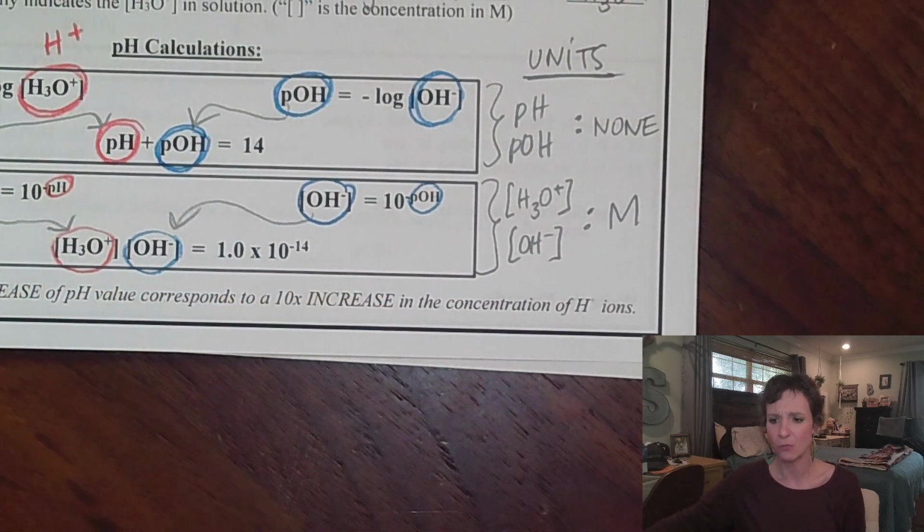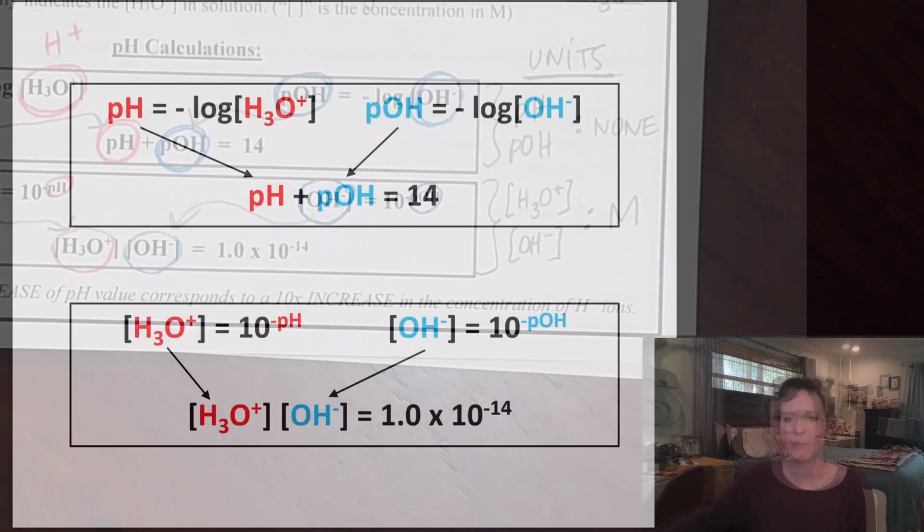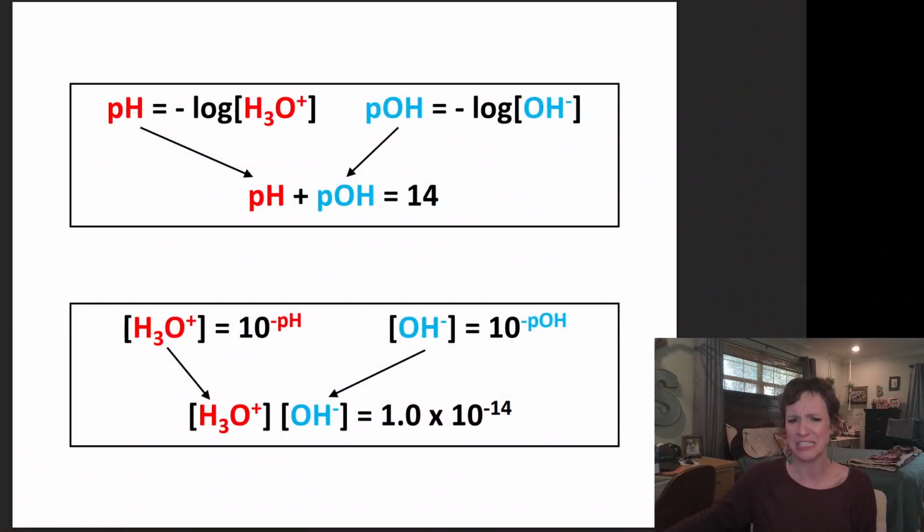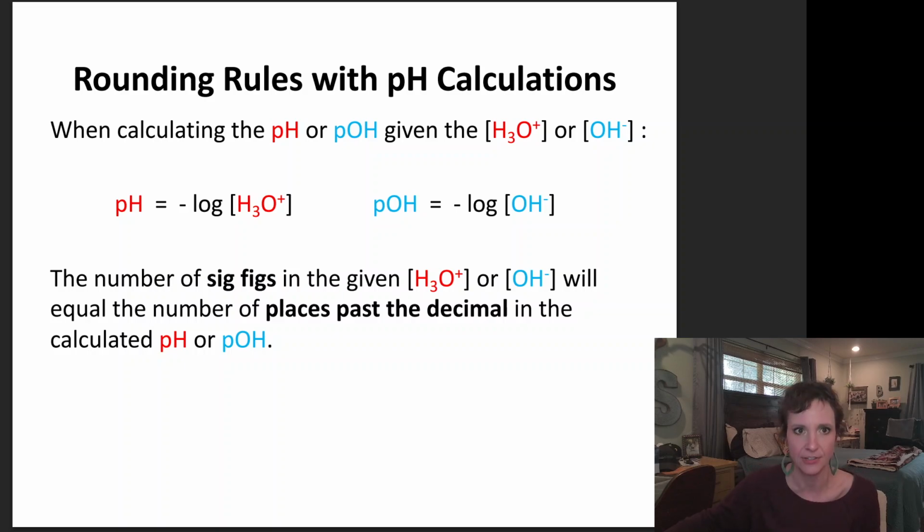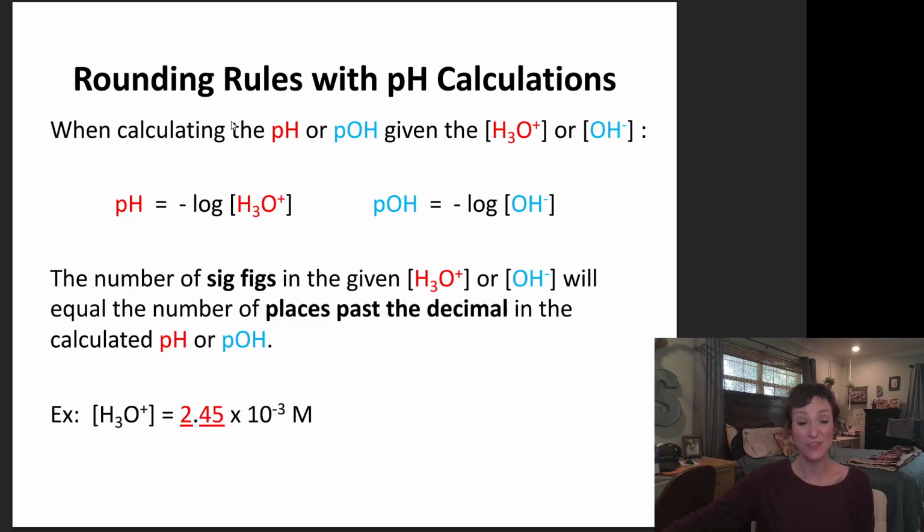I want to unpack real quick that conversation around the rounding so we can see some examples, and then we'll do some practice calculations. It says the number of sig figs in the concentration will equal the number of places past the decimal in your calculated pH or pOH. So for an example, if I give you the concentration of the hydronium ion 2.45 times 10 to the negative third molar, I have to look at all of those sig figs.